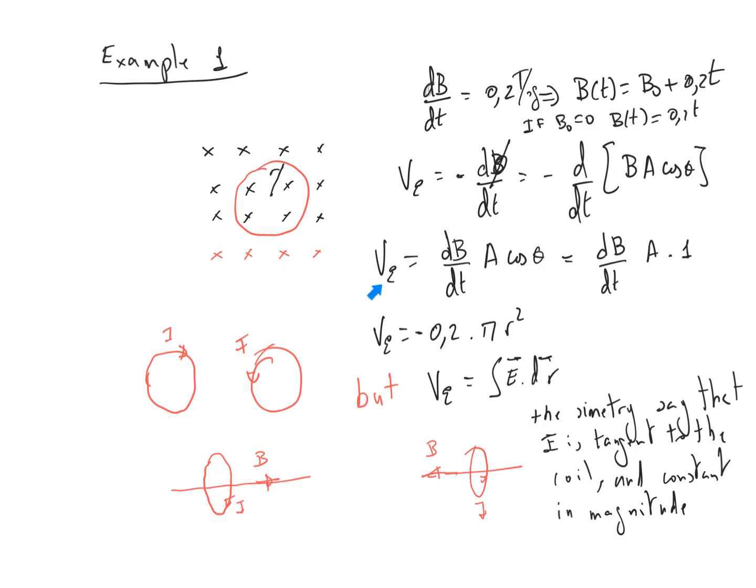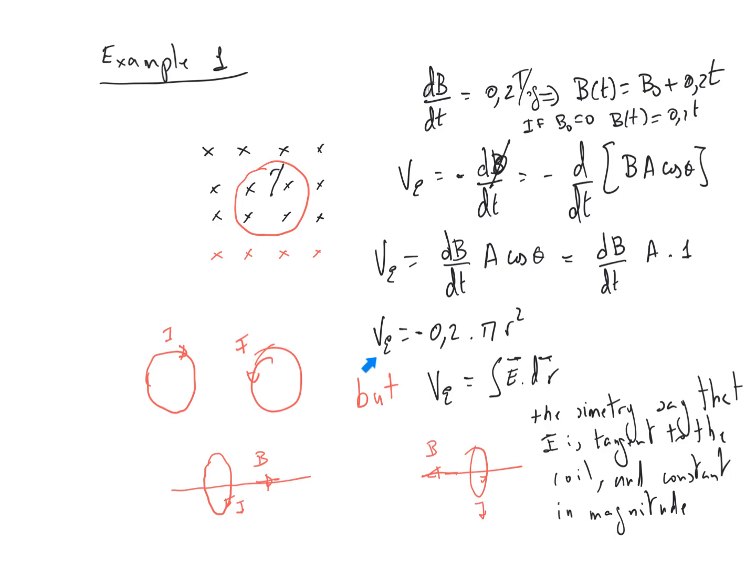So the equation that you have to find is that the electromotive force induced is the derivative of the magnetic field with respect to time times A cosine of theta. Cosine of theta is 1 because B and the area are parallel.